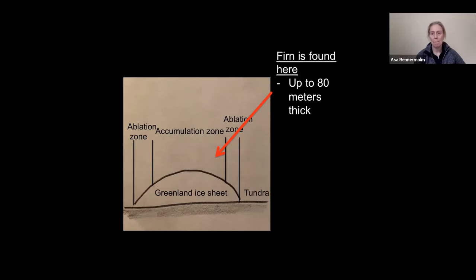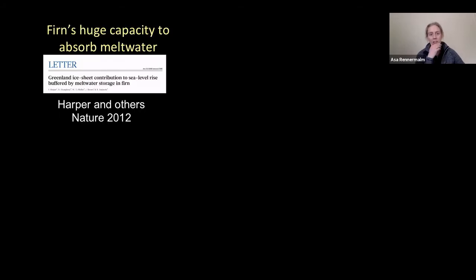So there were some really interesting studies that I want to share with you that explain why it's so important to study firn. The first of these studies was published by Joel Harper and others in Nature in 2012.